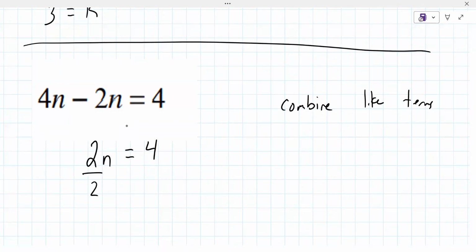And divide both sides by 2. Okay, so n equals 2. Okay.